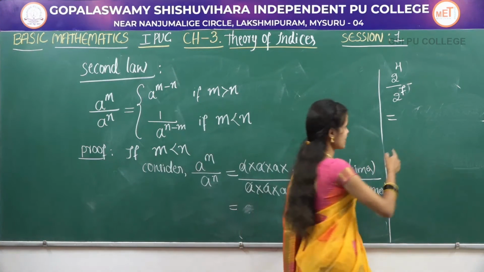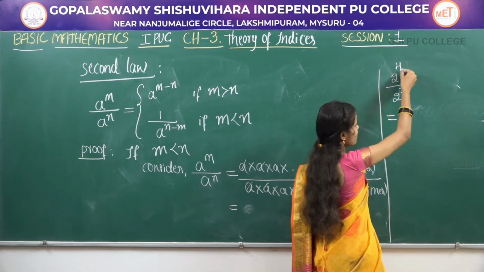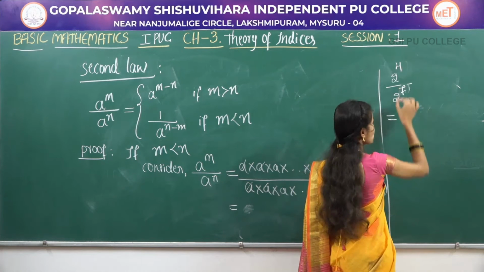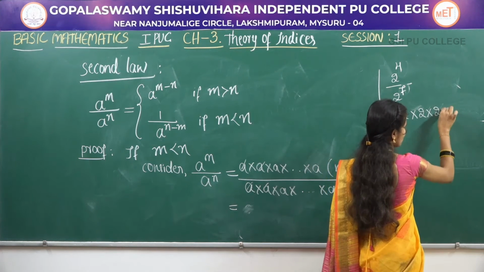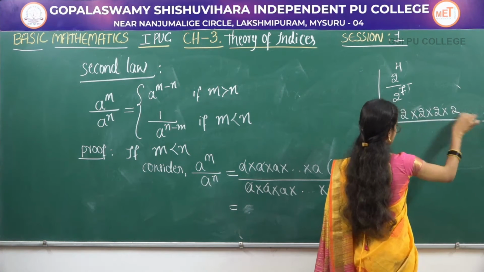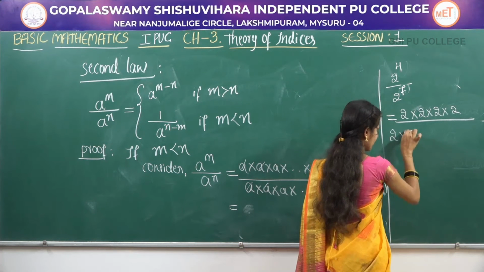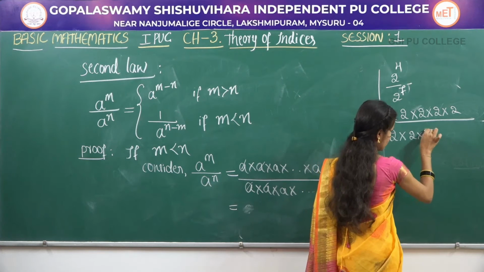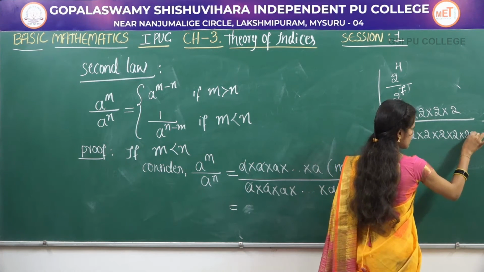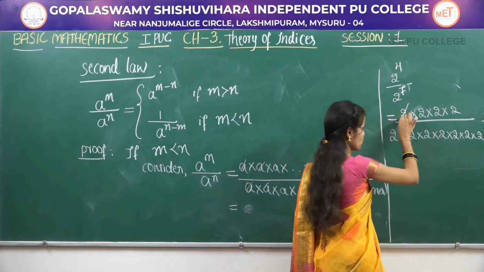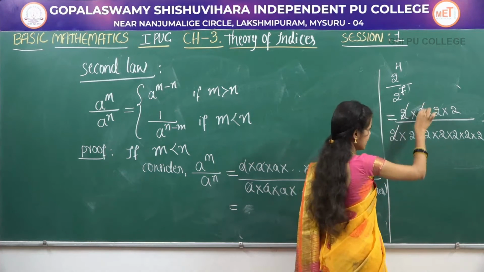Consider this example, where m is less than n. 2 to the power of 4 can be written as 2 into 2, 4 times, divided by 2 to the power of 7, which means 2, 7 times: 1, 2, 3, 4, 5, 6, 7. So the 2s get cancelled.